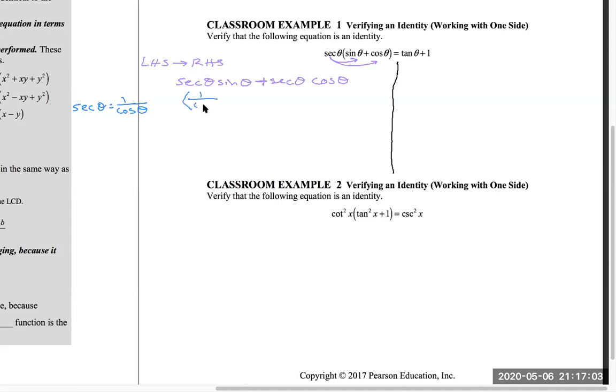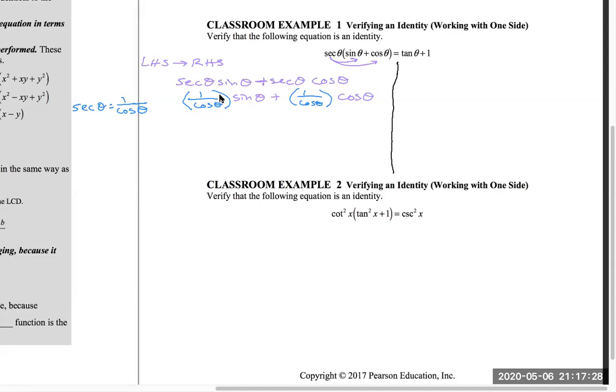So we have 1 over cosine theta times sine theta plus 1 over cosine theta times cosine theta.